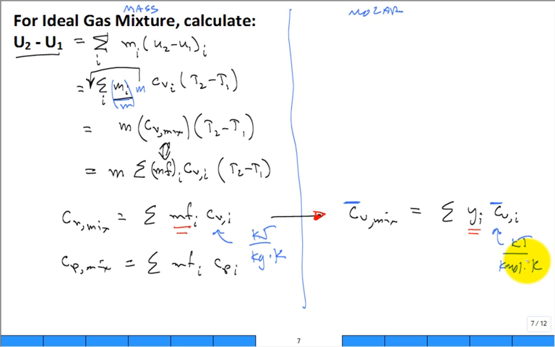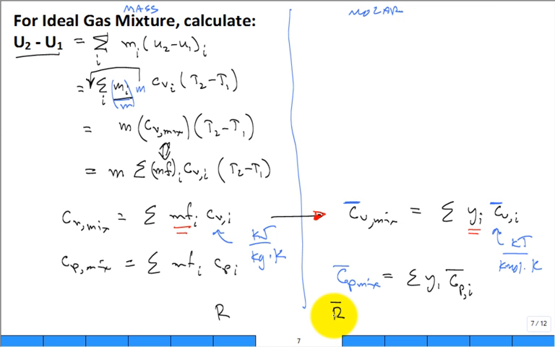Right? And then the same thing for the specific heat at constant pressure, C sub P of the mixture. I think the book actually doesn't put mix. If I leave it out and I'm talking about an ideal gas mixture, you know it's for the mixture. And if I put a subscript i, that's for the component in that mixture. But anyway, this is equal to the sum of yi C sub P i bar. What's the relationship between R and R bar?